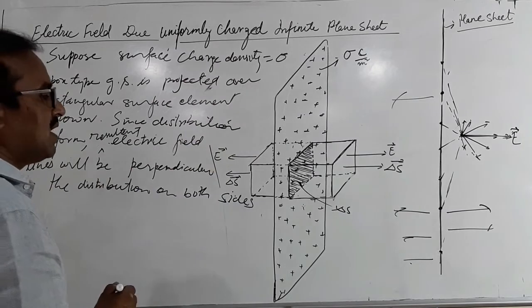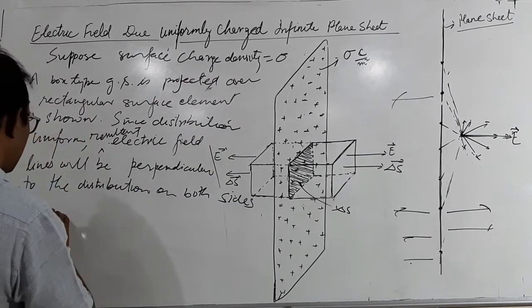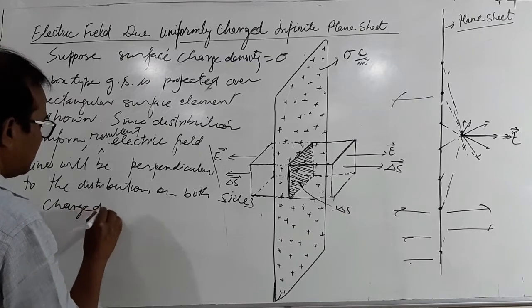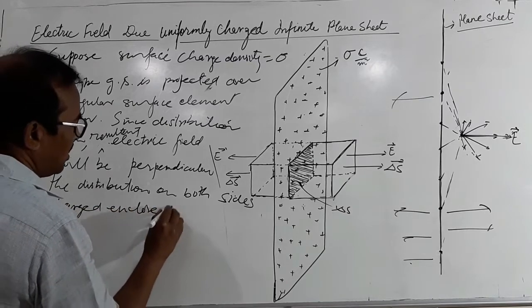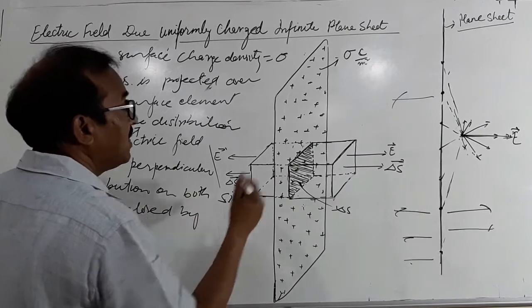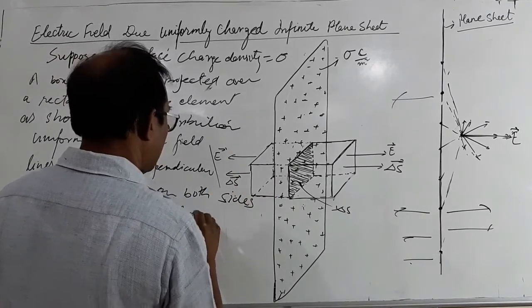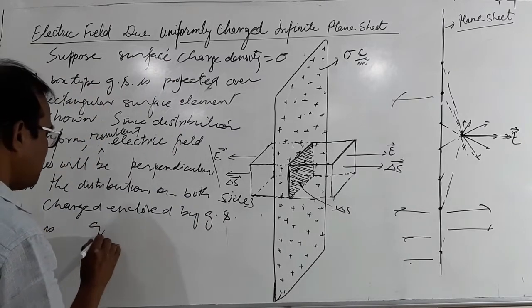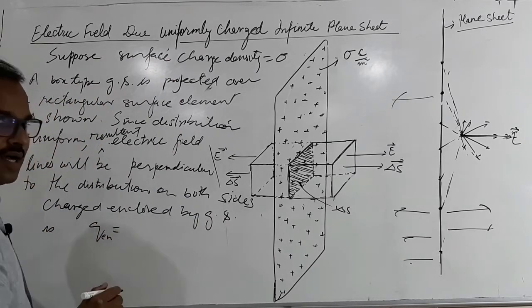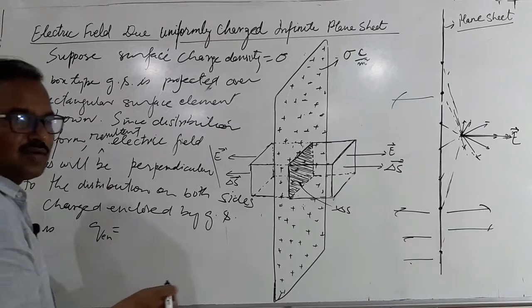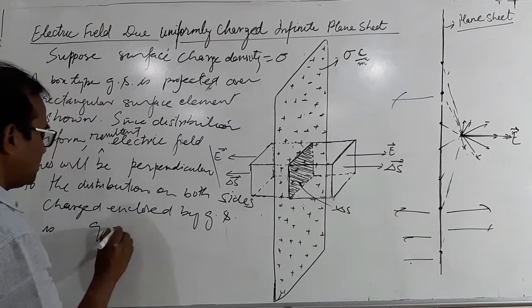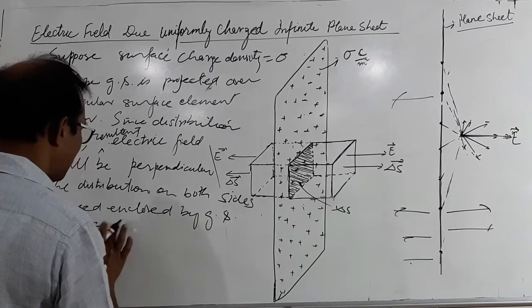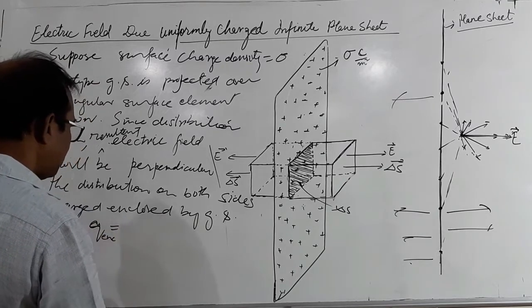So what is the charge enclosed by the Gaussian surface? Q enclosed, or you can write Q ENC.